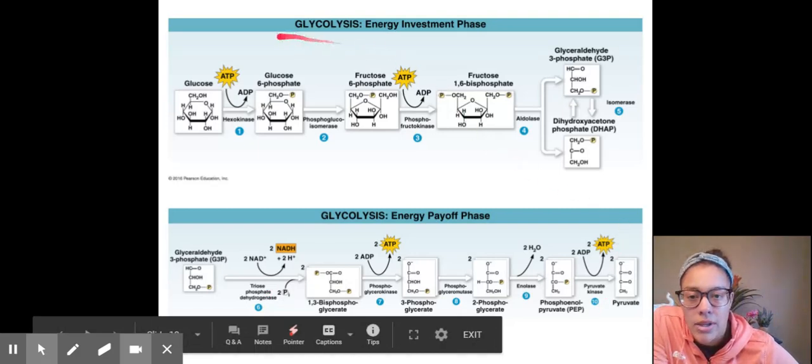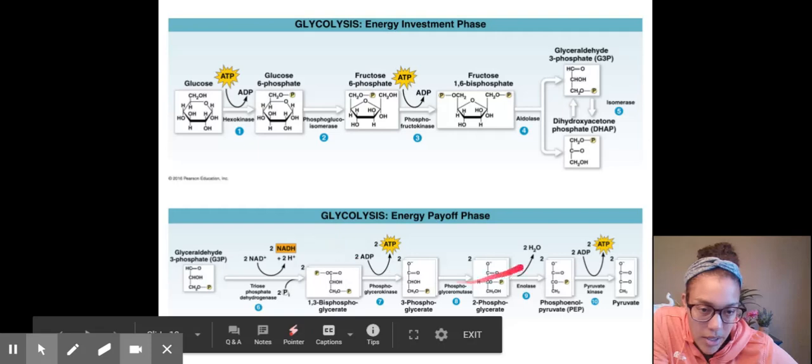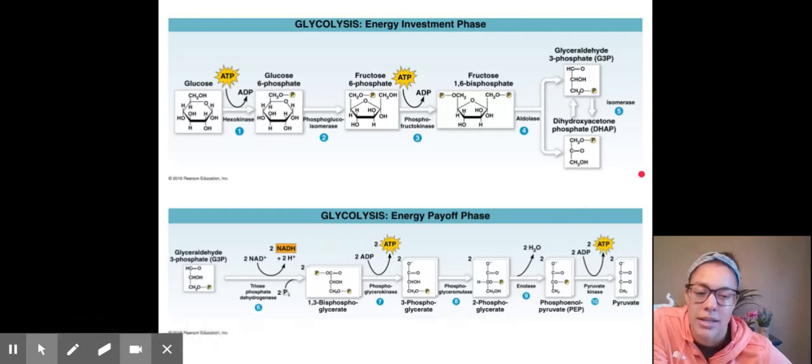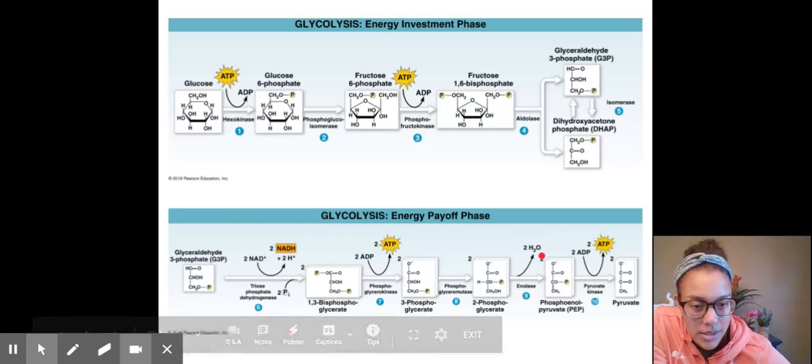And again, we can see in the investment phase 2 ATP in versus 4 ATP coming out. So our net gain is 2 ATP. That's the main point of this, okay? The additional part is that water is produced over here. So one of our products is also released during glycolysis.